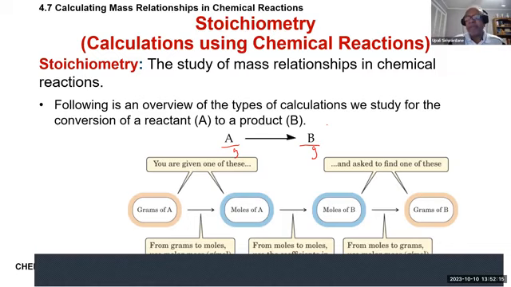Normally, the stoichiometric coefficient in front of the chemical equation tells you how many moles, not the grams. Therefore, the first step in the stoichiometric calculation is grams to moles. How do you convert grams to moles? Grams divided by molar mass of A.